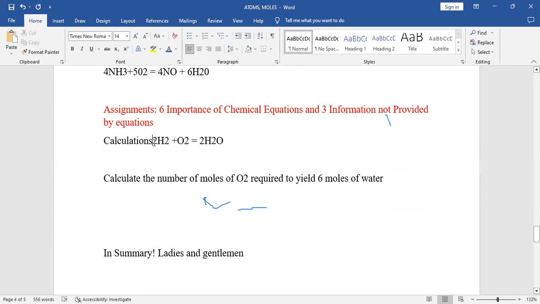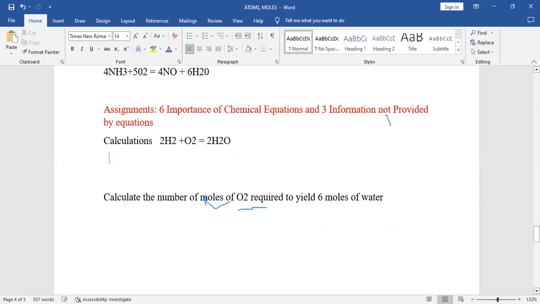Okay, see this question. Calculate the number of moles of oxygen required to produce 6 moles of water. So from this equation, you can easily see that you need 1 mole of O2 to give you 2 moles of water.